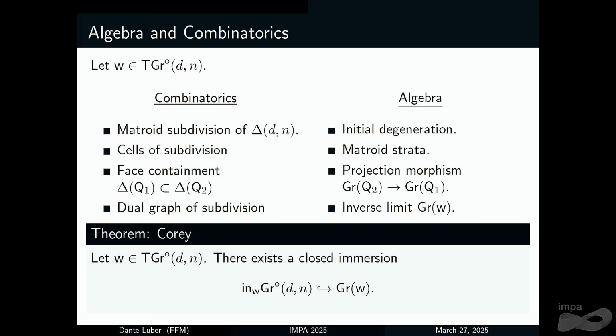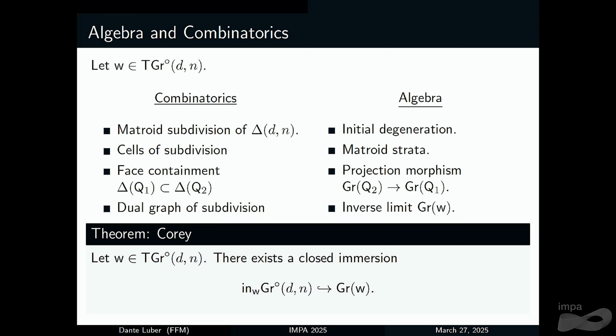So if you give me a point in the tropical Grassmannian, we have a matroid subdivision of the hypersimplex and an initial degeneration of that open cell. Well, the cells of the matroid subdivision are matroids, and each of those matroids has a stratum in the Grassmannian.